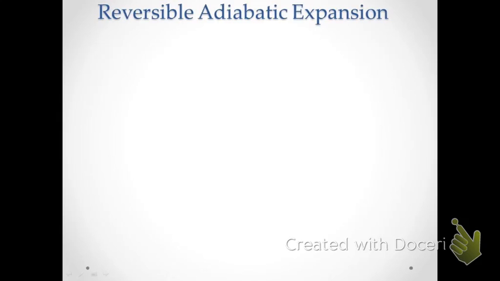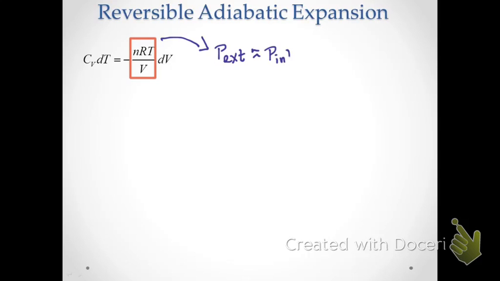So that was the expression for the irreversible process. Let's talk about the reversible process. We'll start with the same equation, CV dT is equal to negative PdV, but remember, for the reversible process we assume the external pressure is roughly equal to the internal pressure throughout the process, so we simply substitute the ideal gas law into the equation to get the expression that we have here.